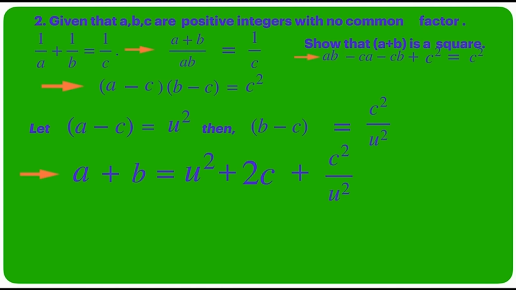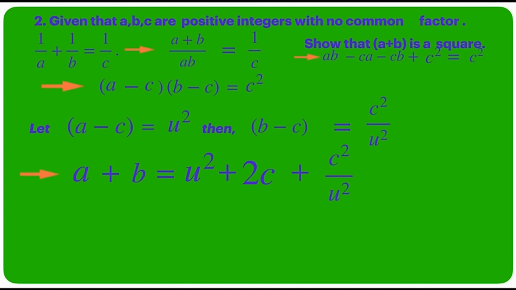Now if we observe this expression, the value of a plus b, that is u square plus 2c plus c square by u square, we can easily understand that this right hand side can easily be written as a square, because it is written completely and clearly in the square form.